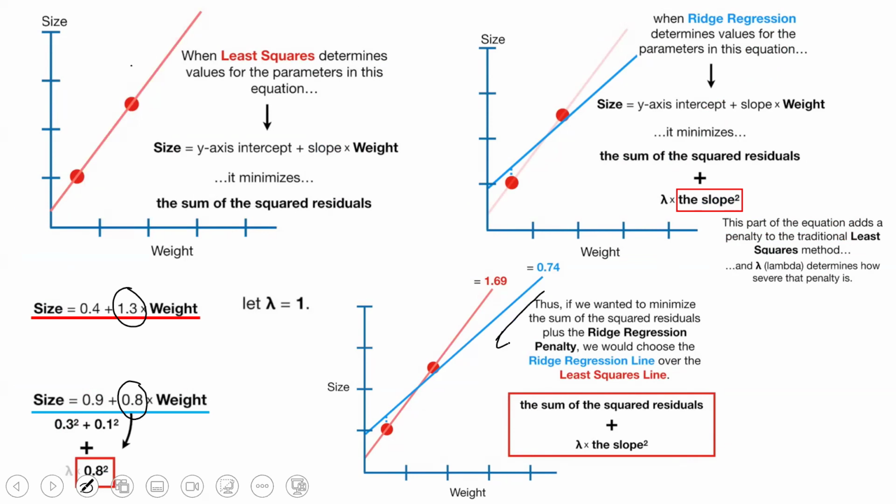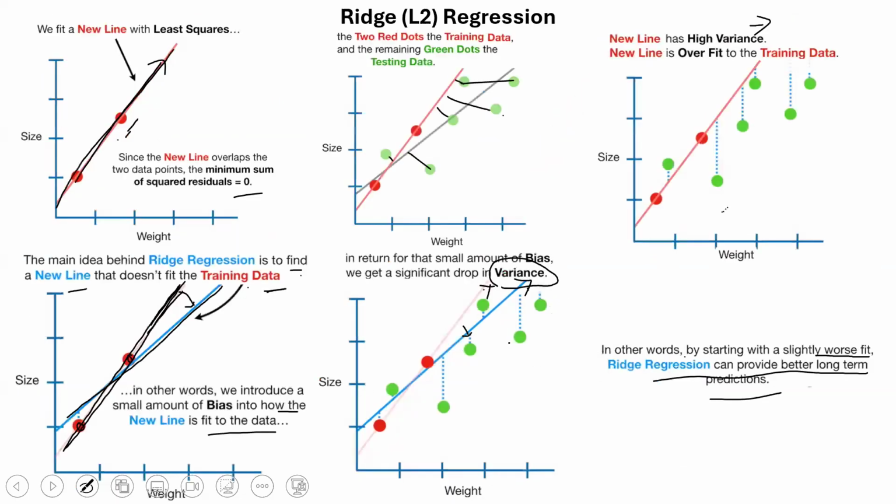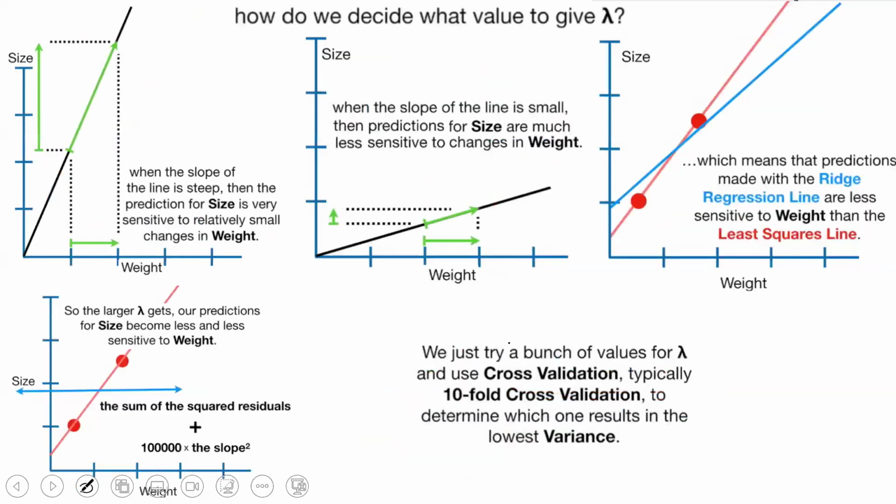When the slope is high, a small change in the weight produces a large change in the size. When the slope of the line is steep, the prediction of size is very sensitive to small changes in weight.